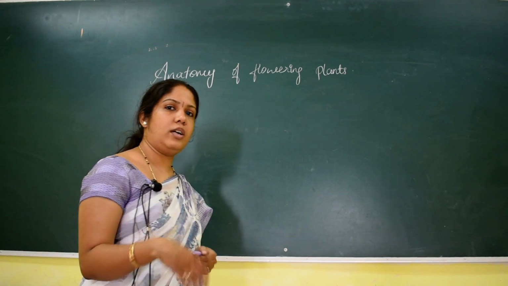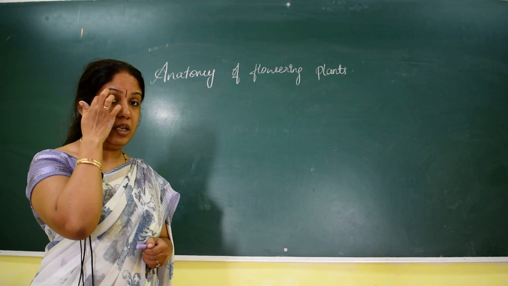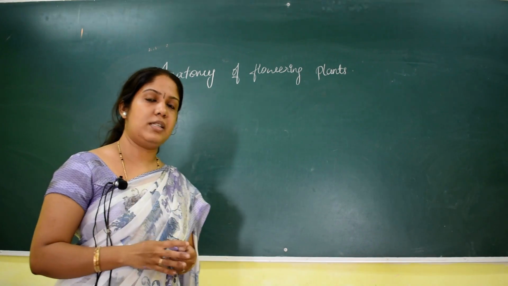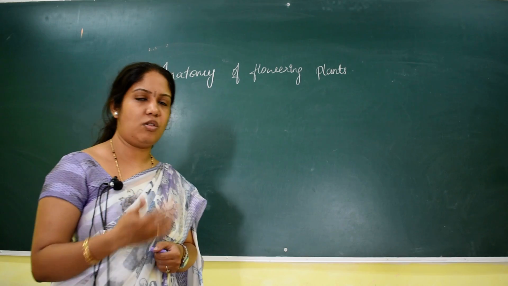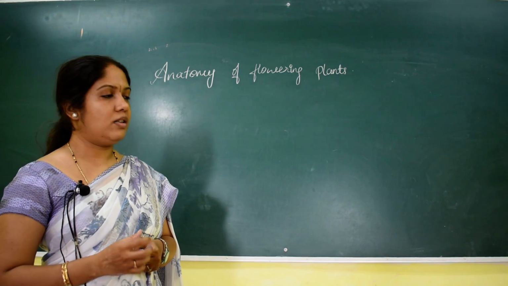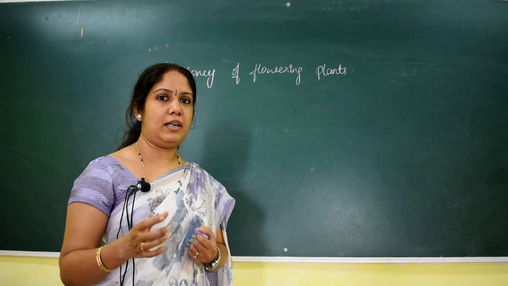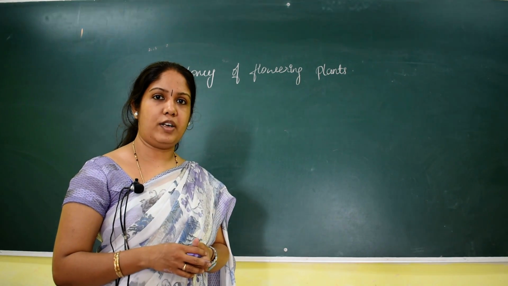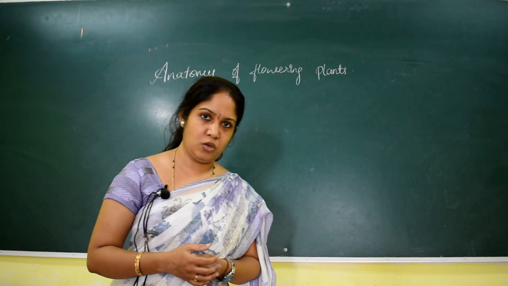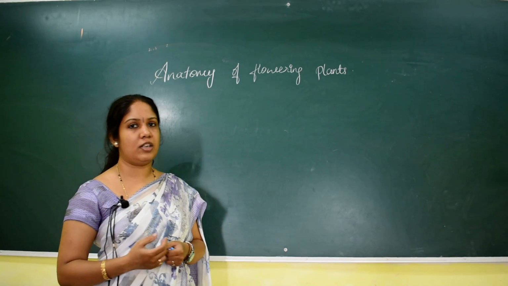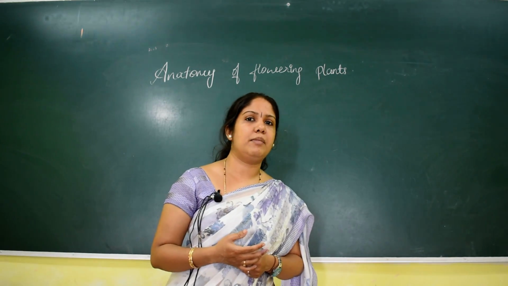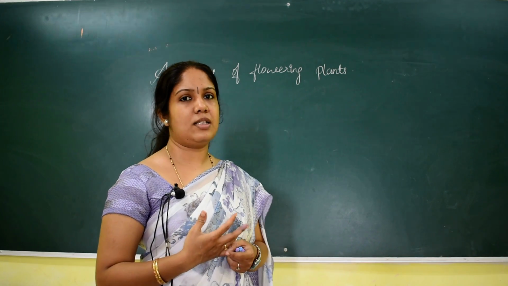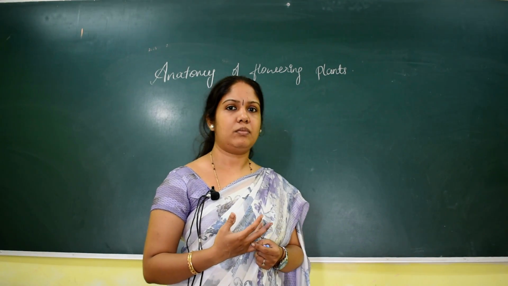It is surrounded on the outside by a waxy cuticle layer. The main function of the epidermal cell is protection. It is the outermost layer, and there is no intercellular space between these barrel-shaped parenchyma cells. Certain epidermal cells are modified into root hairs. In root, they are unicellular, whereas in stem, they are multicellular stem hairs or trichomes.